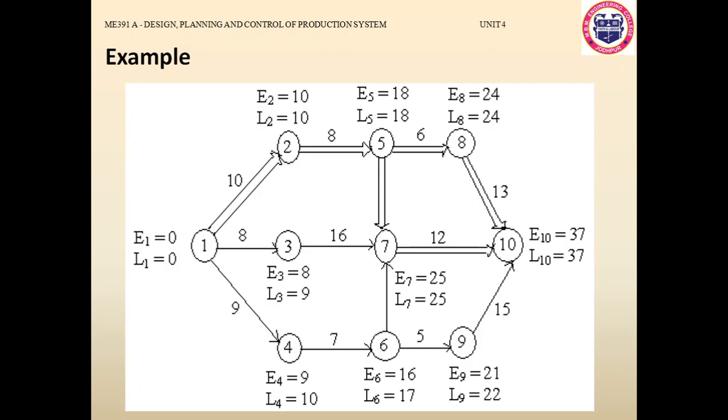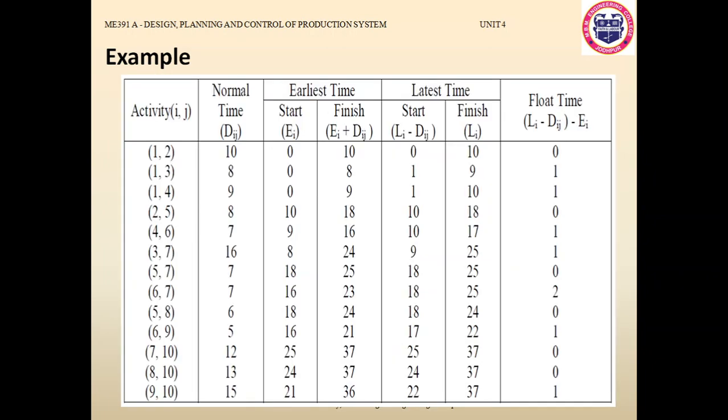So now after calculating the earliest starting time and latest starting time for each node, we can easily calculate the difference between these two timings, and those differences are shown in the table right now. So the simple graphical representation as shown in the previous slide is now presented in terms of a table. So there are certain activities.